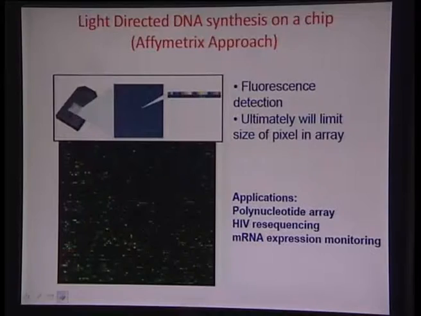So light directed synthesis is in a way a very simplistic way of understanding how you could capture different combinations, different molecules, all together on a single surface. So all these gene chips, whether it is Affymetrix or Nanogen, would look in the product form something like this.